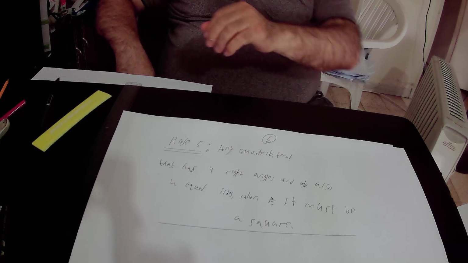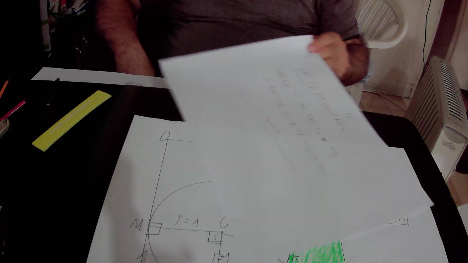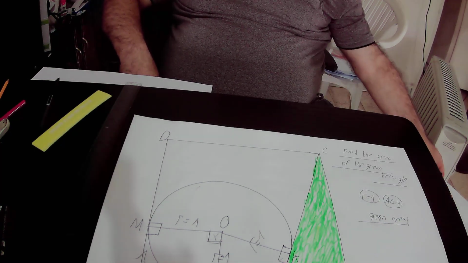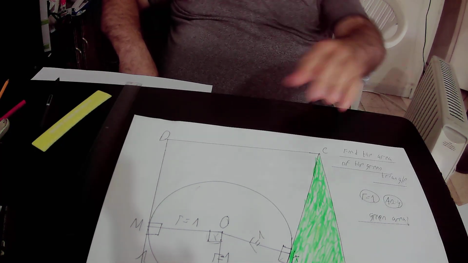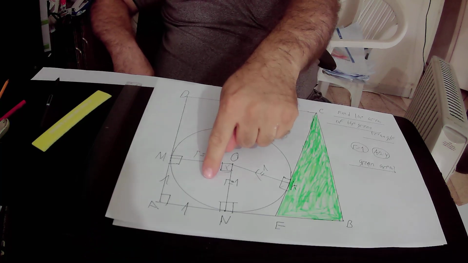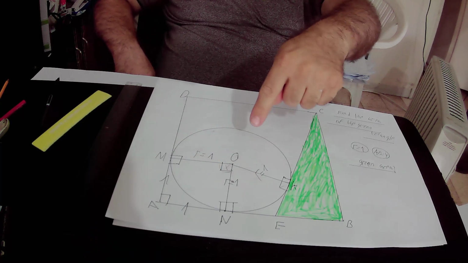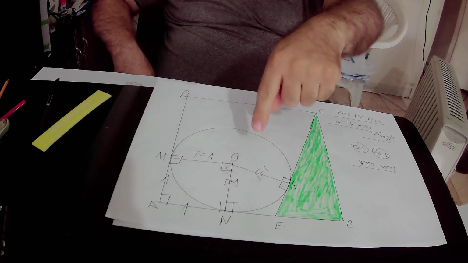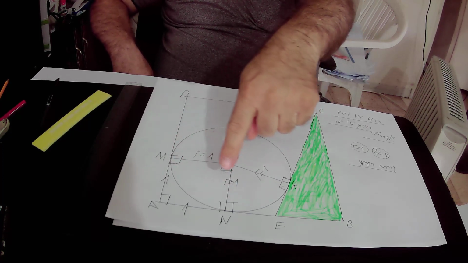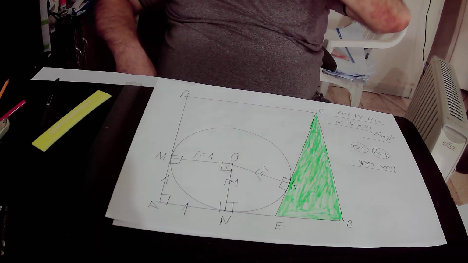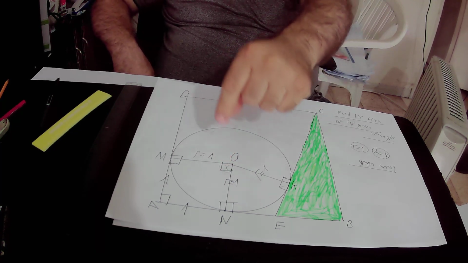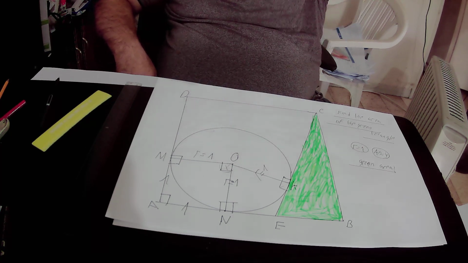a square. And we found out that our quadrilateral MOAN has 4 right angles, 1, 2, 3, 4, and 4 equal sides. All of its sides are equal to 1 unit. Therefore, according to rule number 5, quadrilateral MOAN is a square.